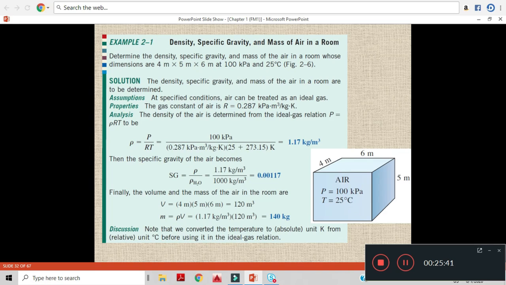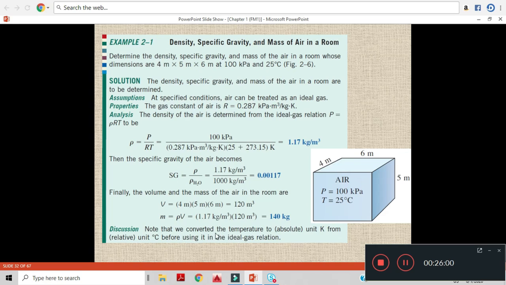So that means gases are everywhere. So the volume of the gas is 4 times 5 times 6 equals 120 cubic meter. Okay, so mass equals rho times V. So we multiply the density and V, and we end up with 140 kilogram.